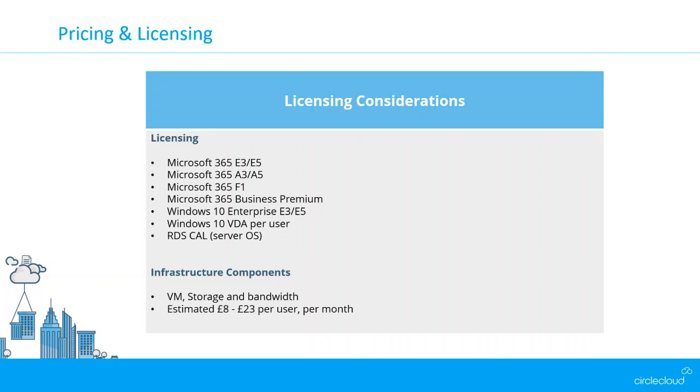You can buy a VDA license individually if you haven't got any of the above licenses, just to license a virtual desktop. But you can also use your RDS CALs if you've got Software Assurance, but that is only if you're using virtual desktop hosts that are running a server operating system rather than a Windows client operating system. So first step is you need to make sure you've got some form of license to use the service.